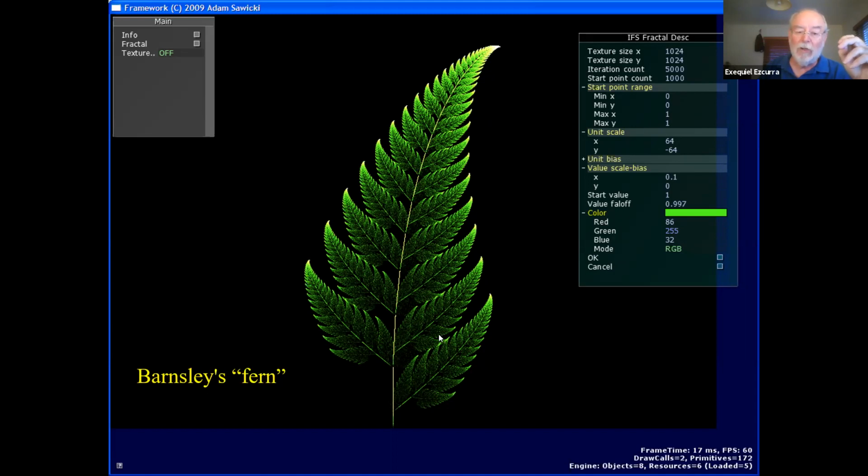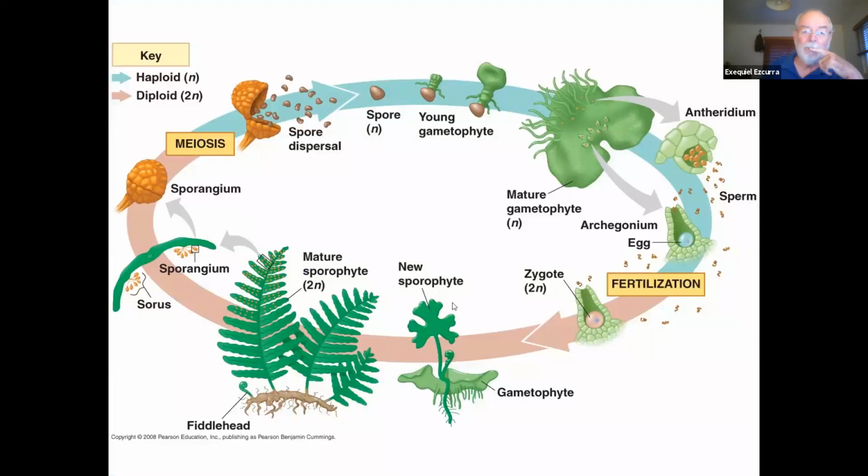It's a mathematical equation of a fractal model that repeats in an iterative manner the same morphological pattern that makes the drawing of the equation at one scale into lower and lower scales. Ferns have a fascinating life cycle, and it's completely different to that of seed plants, and it's really worthwhile to see it in some detail.